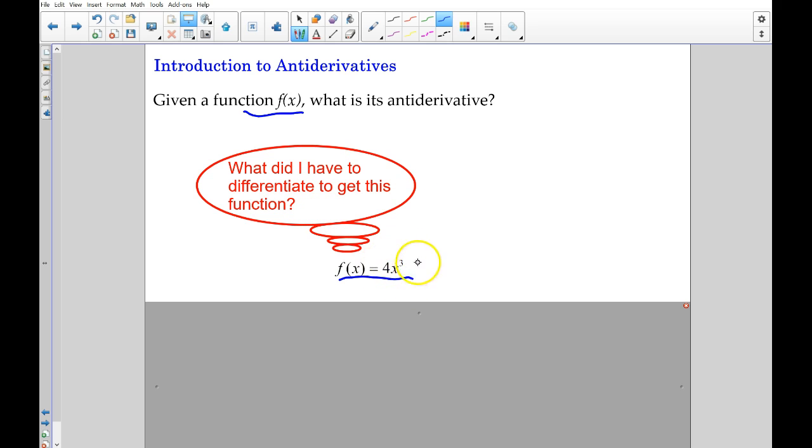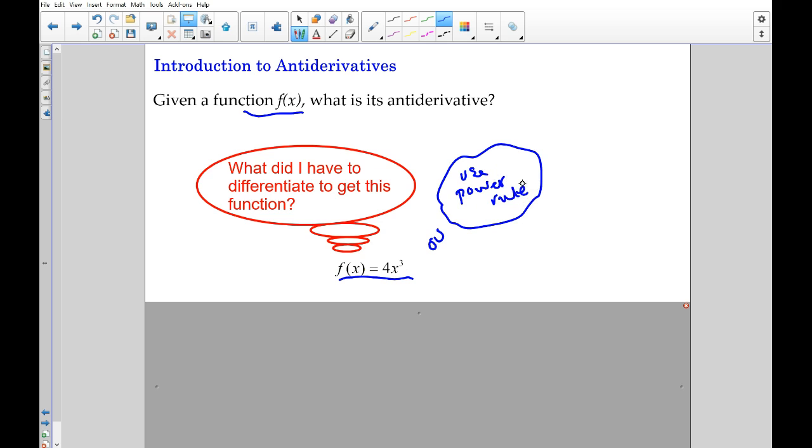If I view this as the derivative, what did I have to differentiate to get to this? Well, this is a polynomial, right? So if I differentiated a polynomial, I had to use the power rule.